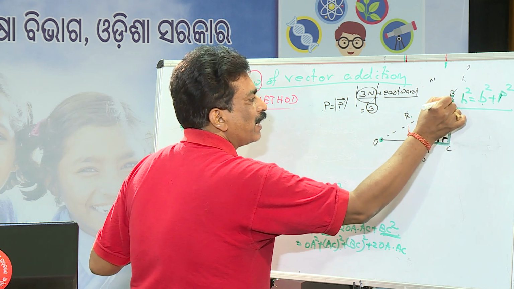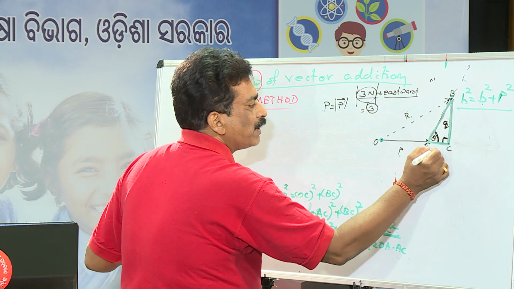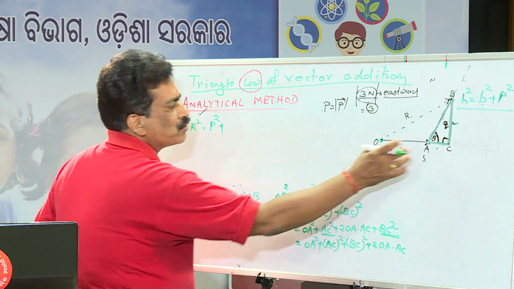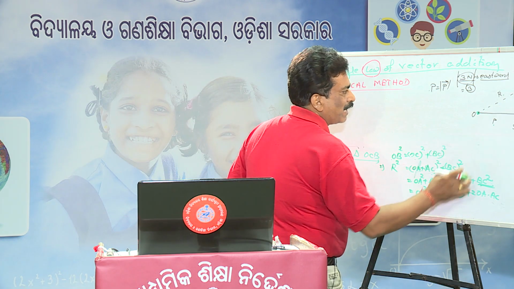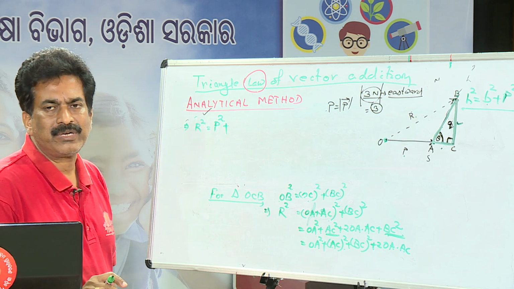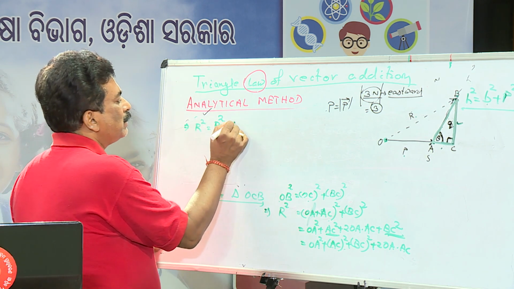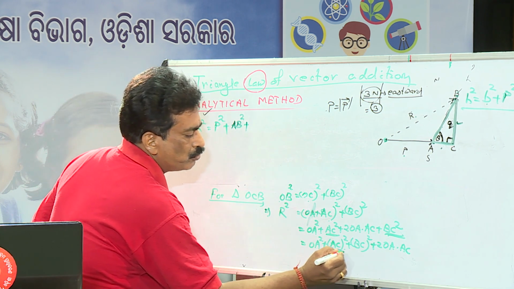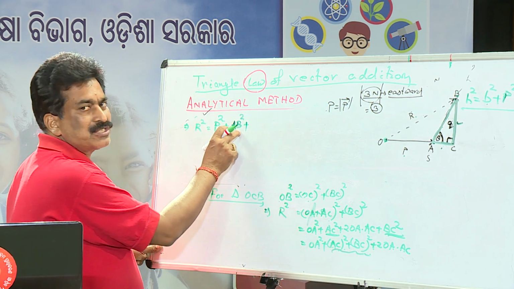For this right angle triangle, AC square is the base square and BC square is the height square. So AC square plus BC square is not equal to the hypotenuse square, and that hypotenuse is AB. So that is equal to AB square. These two will give you the AB square.